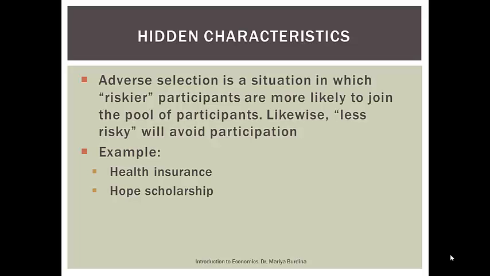As a result, we didn't create a pool of participants where on average we were able to cover those scholarships. Those who knew they were going to make a lot of money opted out, creating an adverse selection problem. As a result, a somewhat good idea did not work.